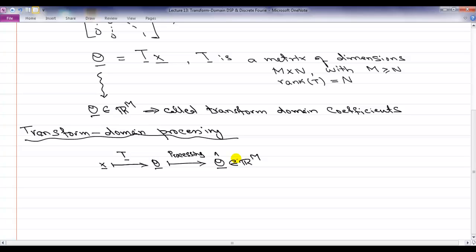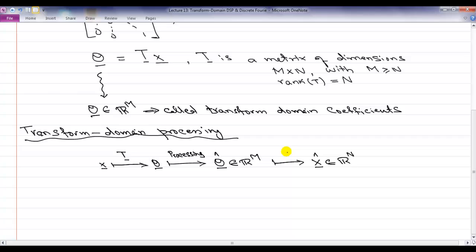So you will do some manipulation of the wavelet coefficients, but after you have done the manipulation, you want to go back to the image that you can visualize. Okay? So after the processing, you may or may not want to go back to x hat in the original domain.